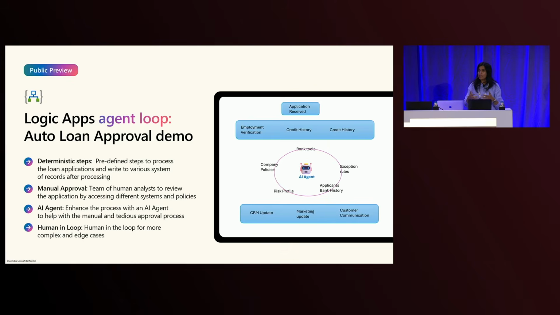And that's where the AI agent comes in and makes that possible. So in this demo, we continue to have a blend of a set of deterministic steps, which are being shown here in the blue boxes. But then the AI agent comes in and brings in the continuous loop of reasoning and adapting decisions based on whatever is in the application. So let's jump into the demo here.